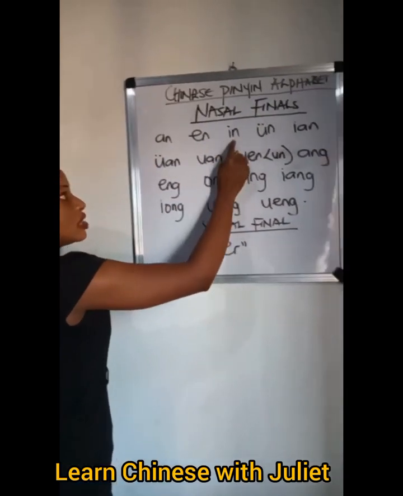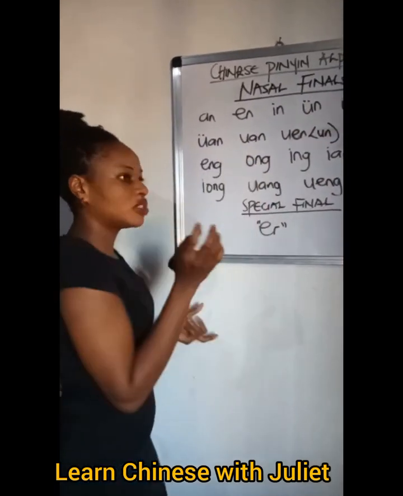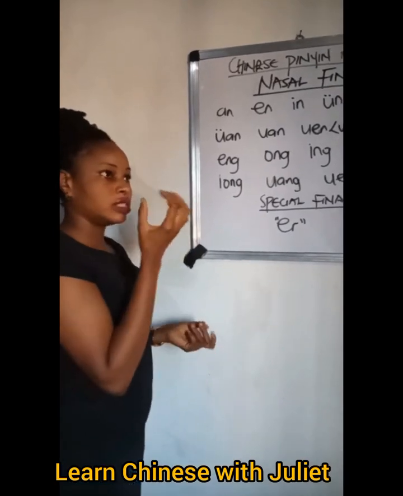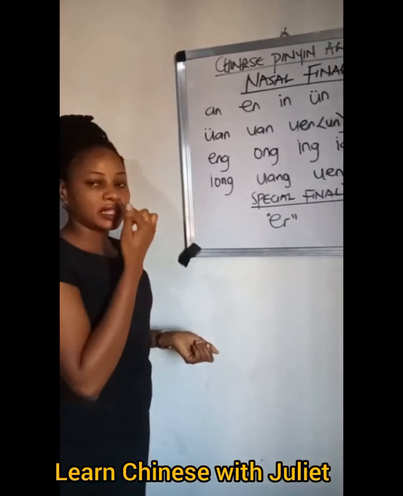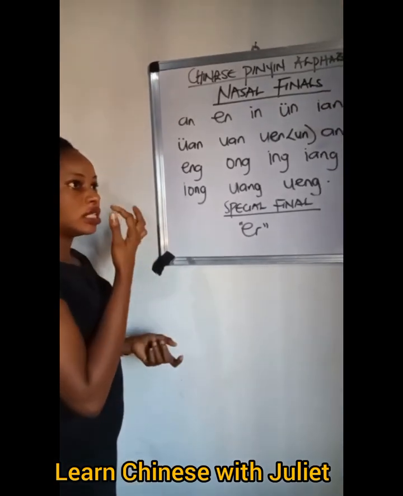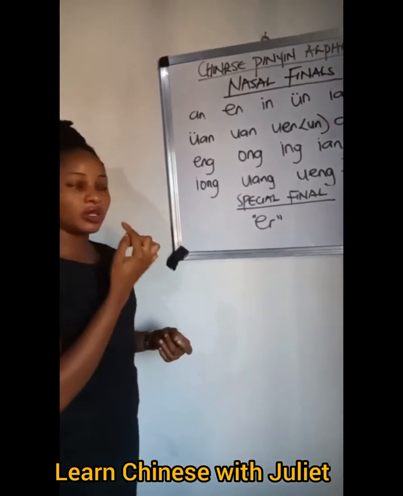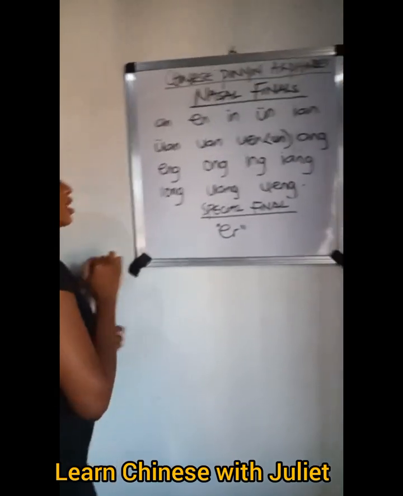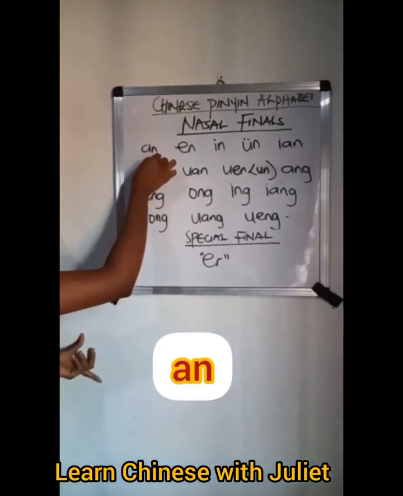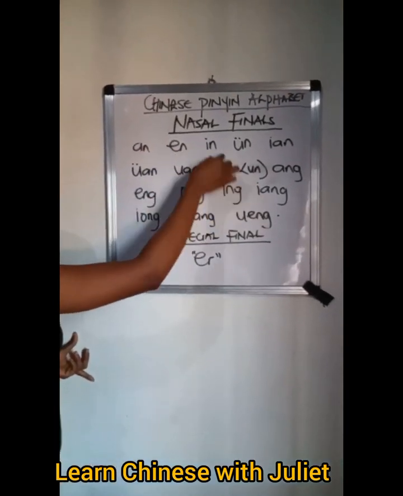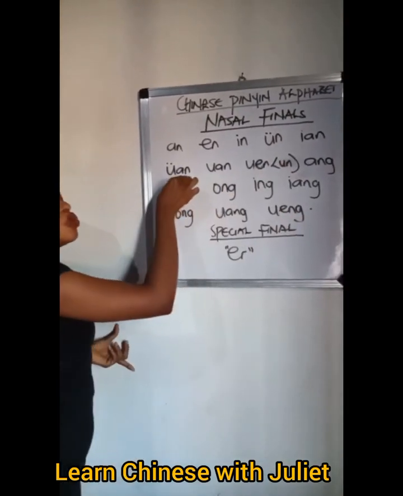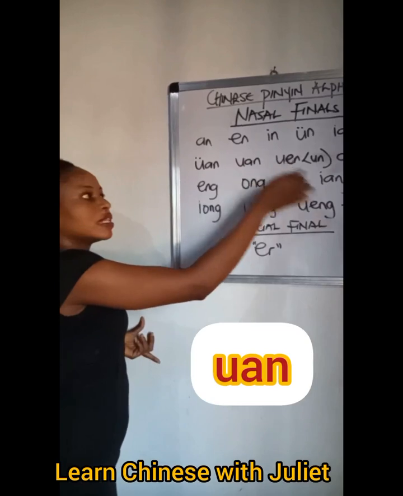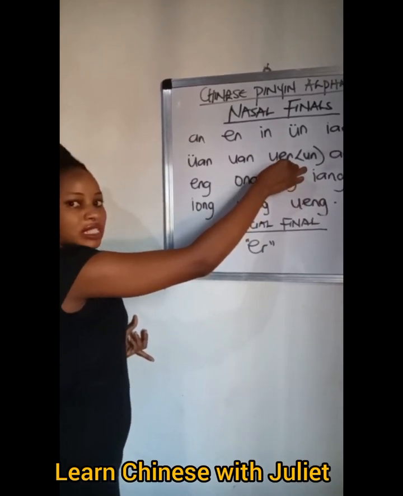Those that end with n, while pronouncing them, you make the tip of your tongue touch the upper gum at the upper teeth. You understand? Now let's read. An, in, uan, yan, wan, wen. Hope you understand.